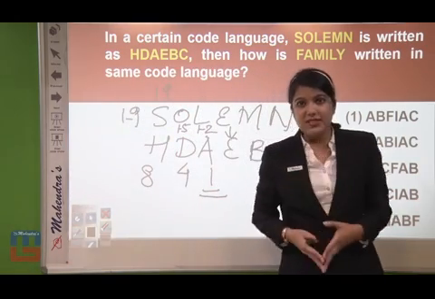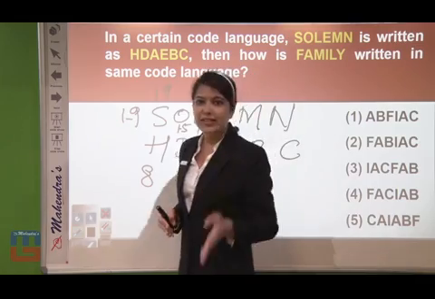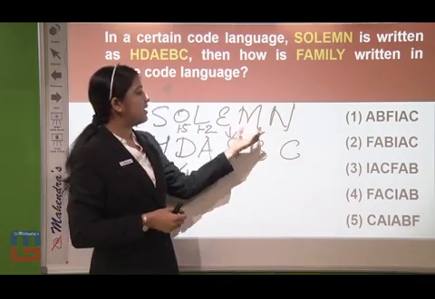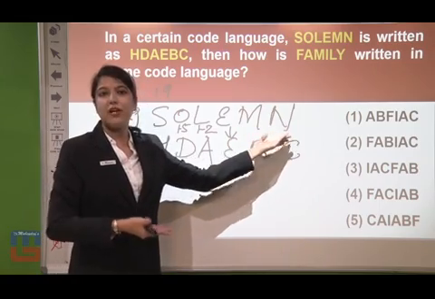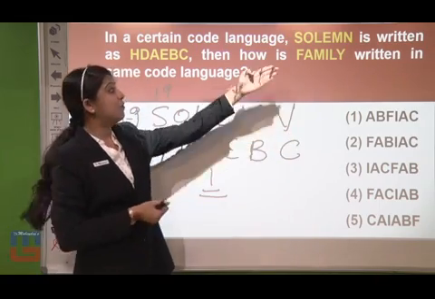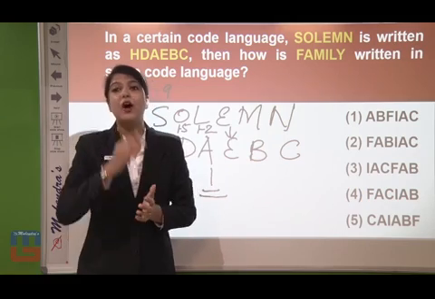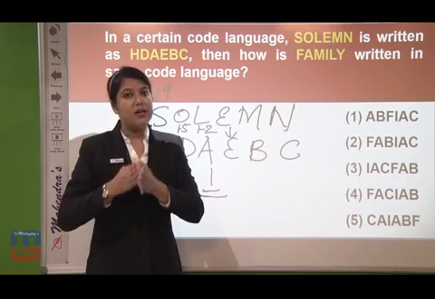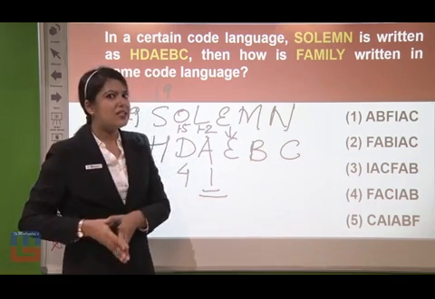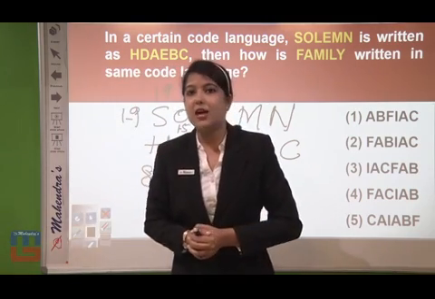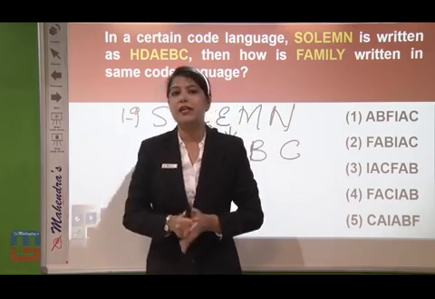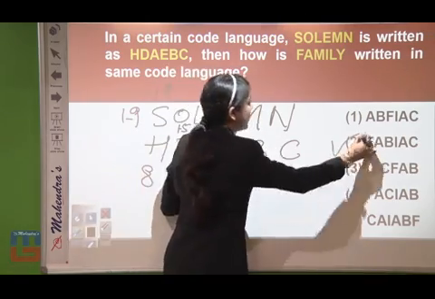It will not be subtracted, and E will be repeated as E. Now moving further, M's place value 13, so 1 minus 3 is B. N's place value 14, so 1 minus 4 is C. So for getting the code for family, all the single letters will be repeated as the same. Single letters, what I mean is single place value letters. FABIAC will be the answer for this question.